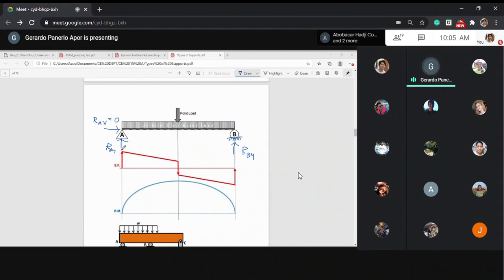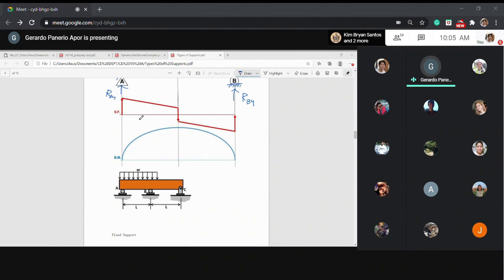The type of support can also be replaced by a force. This is what we call the load diagram. Yeah, the next one is the shear diagram. Okay, the shear diagram is a graph.